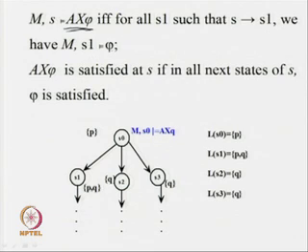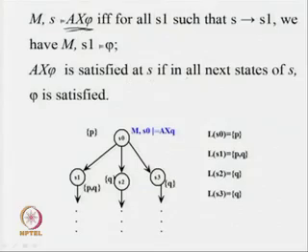So we consider one particular state S and look at all next states S 1 such that in S 1 phi holds. If it holds, then A x phi holds in this state. So A x phi is satisfied at S if phi is satisfied in all next states of S.